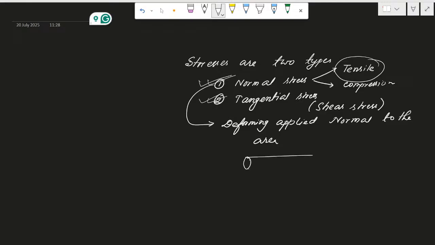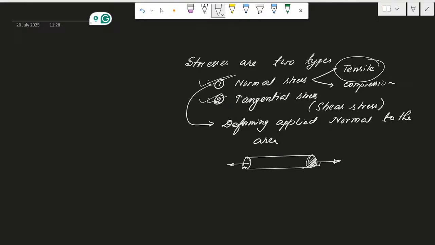Here you have an object. I told you the tensile force is in this way. You can see this is the cross sectional area, so the force makes 90 degrees with this cross sectional area. Here also it makes 90 degrees. So it acts normal to the cross sectional area in this case.